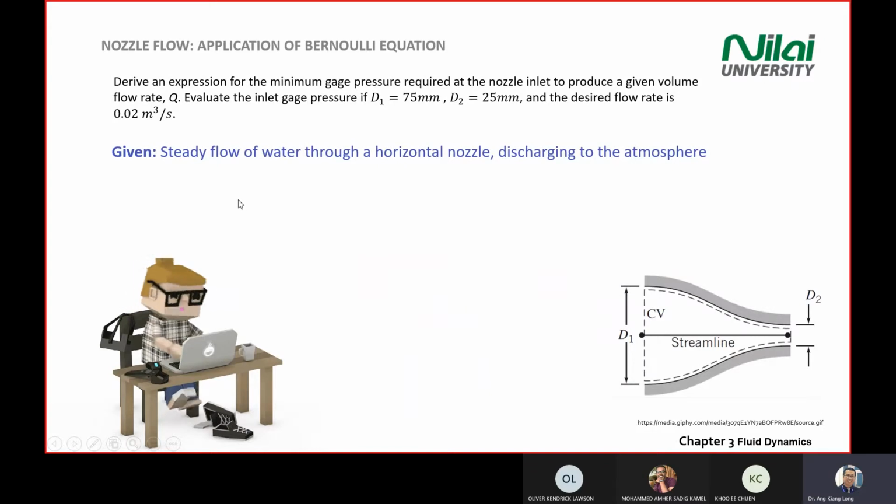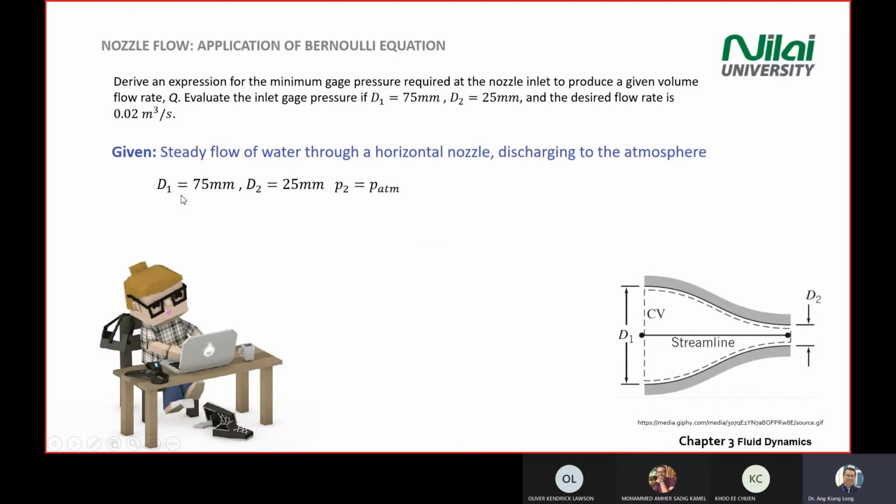Okay, so we have a steady flow that goes through and then discharges to atmospheric pressure over here. This is the information that we know from the statement.